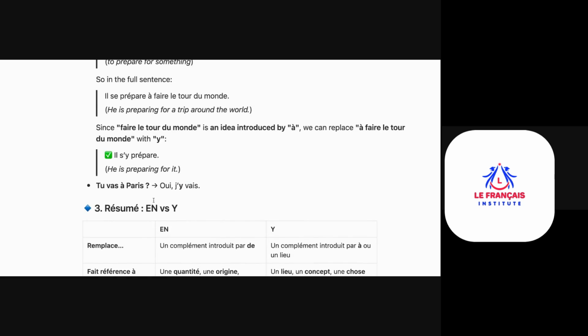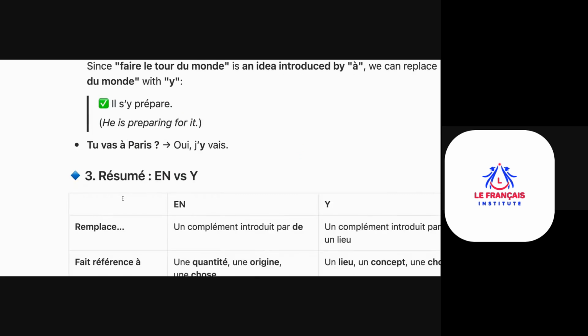For example, tu vas à Paris. Here, can you give me the place complement and what preposition is used to introduce this place complement? We are finishing the thought using which place?